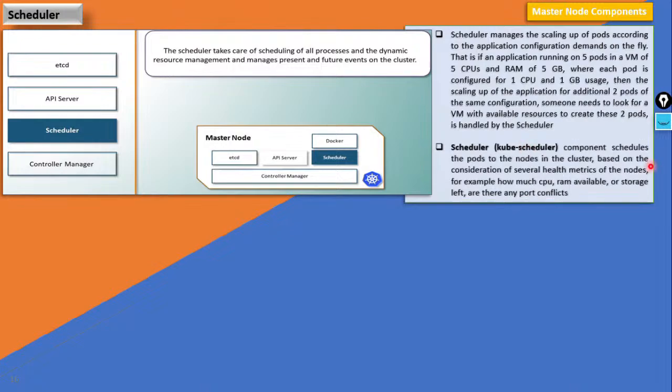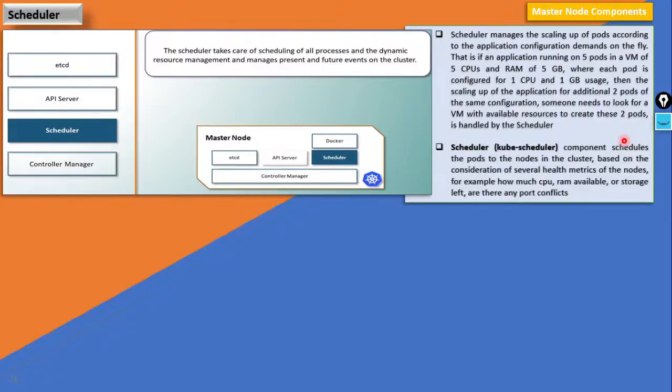The kube-scheduler component schedules the pods to the nodes in the cluster based on the consideration of several health metrics of the nodes. As I was saying, it will find out the health condition of that node, whether it is overloaded, or it has reached the threshold or is going to reach the threshold, and whether the node is tainted already.